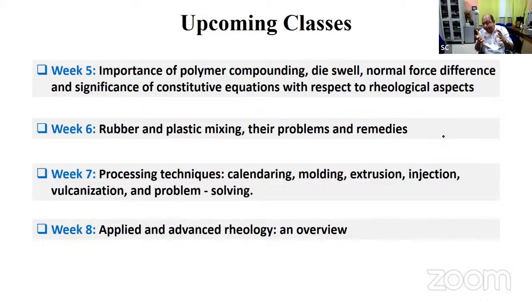Although it's not exactly the rheology that we are talking about, it is ultimately associated with the processing of it. So we have covered it in week 6. Week 7 is all about the hardcore industrial processes, practices, and techniques. For example, if you want to make a continuous sheet of material, go for calendering.